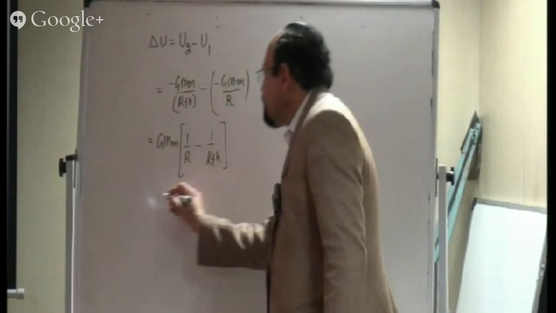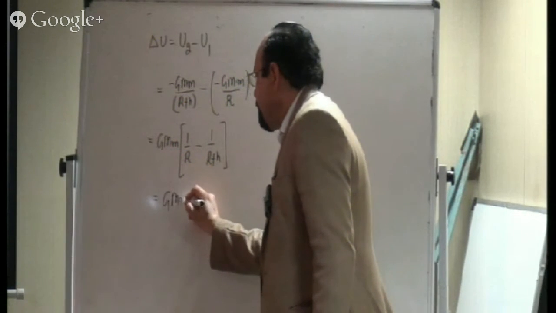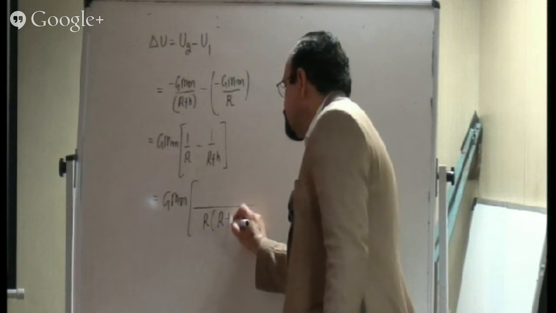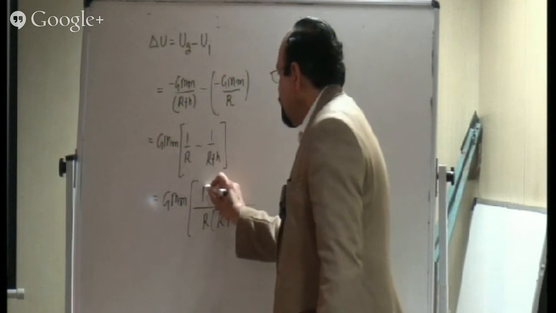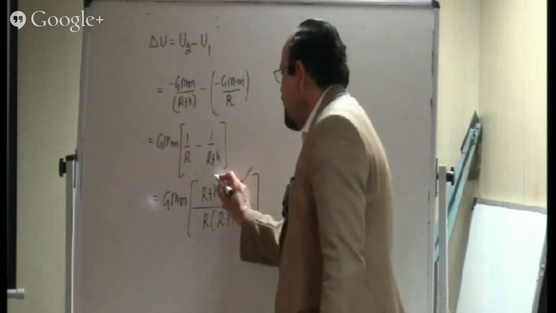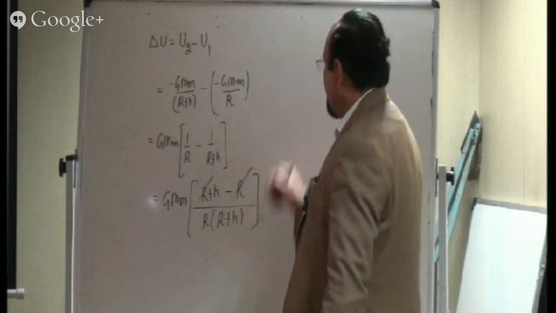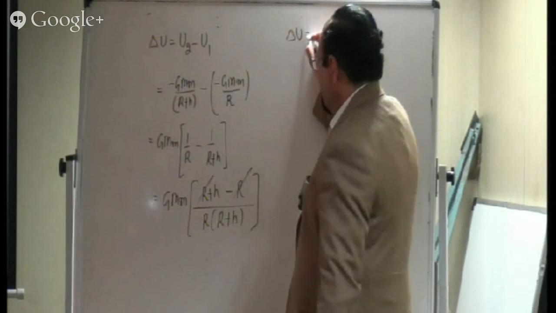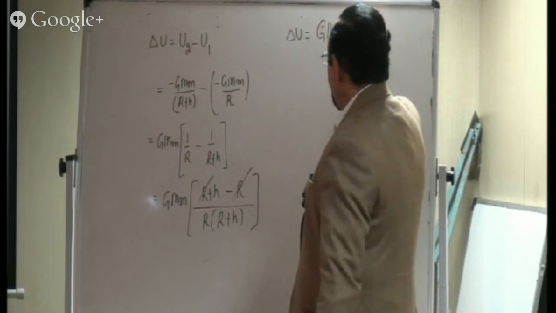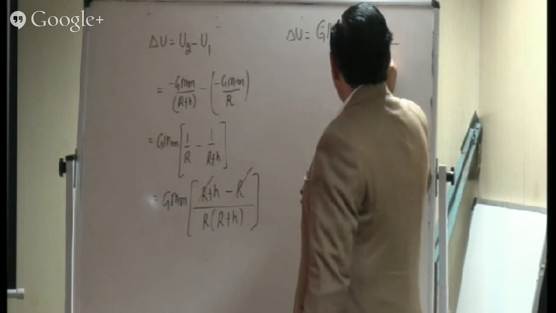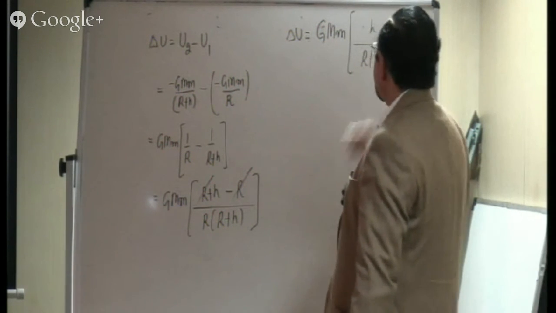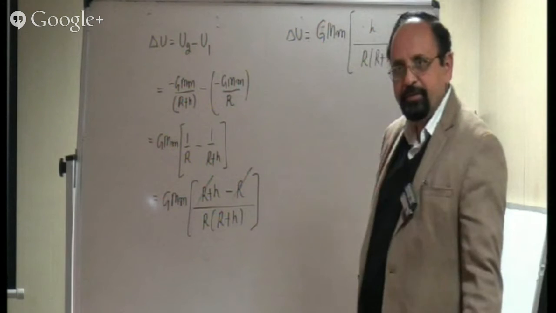If I further simplify this, GM, and in the denominator I have r times (r plus h), and in the numerator (r plus h) minus r. I get delta U as GM h divided by r times (r plus h). Agreed?